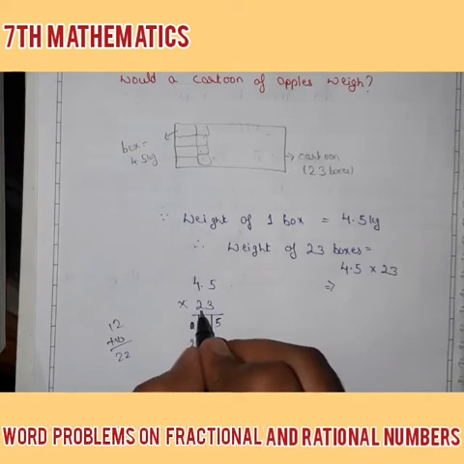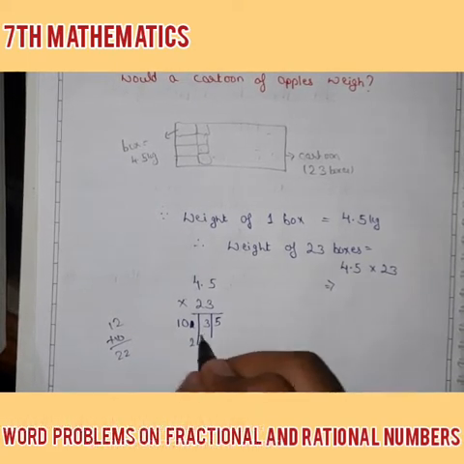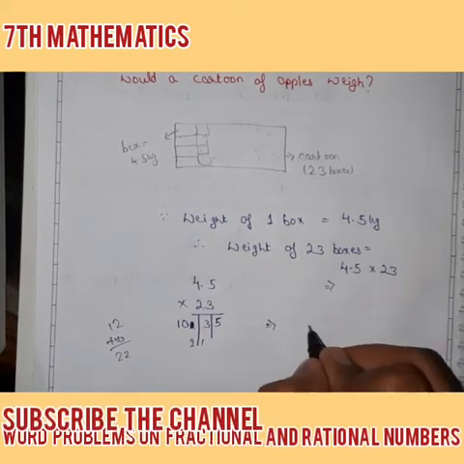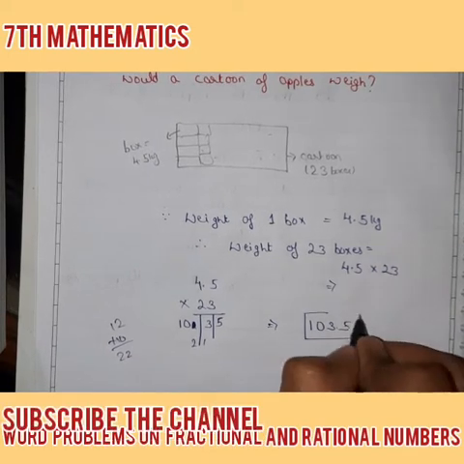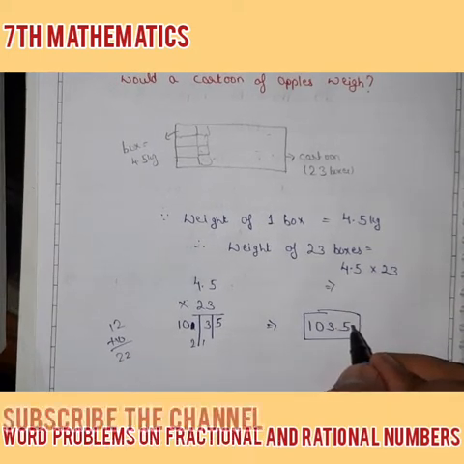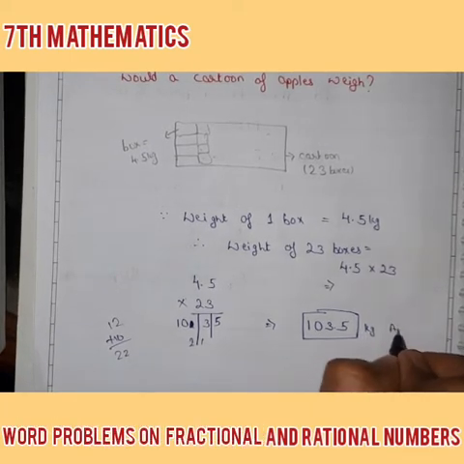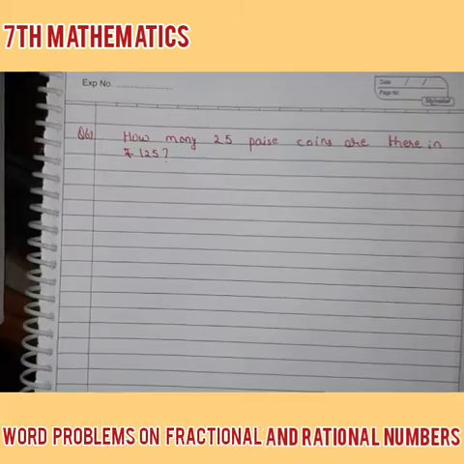Now 4 into 2 is what? 8 plus 2, 10. That means the final answer is 1035. Now as per the place of the decimal, it will be 103.5. This will be the final answer, 103.5 kg. Always write the units, okay? This is your rough work.